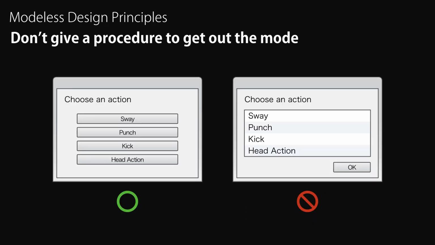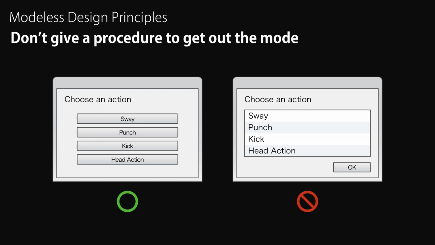Also, don't give a procedure to get out of the mode. This is a kind of action game, and if you need to select one action to beat your enemy, you will see this. This is okay. Strike, punch, kick, and you hit the button, it will execute immediately.